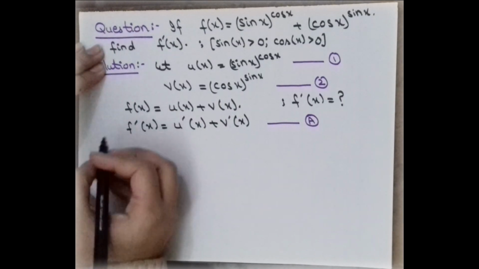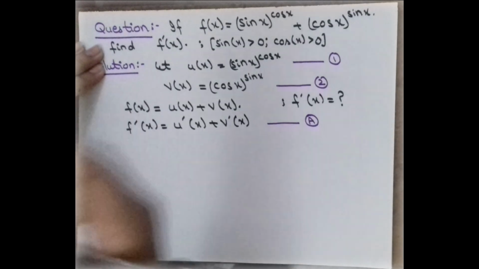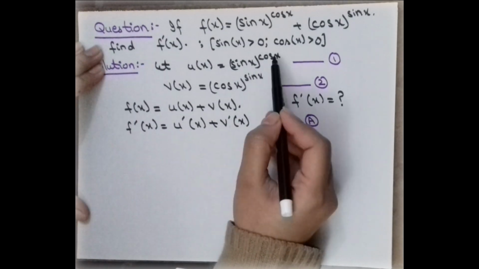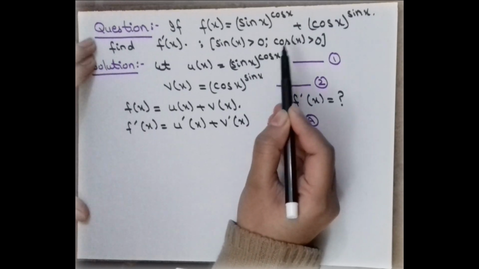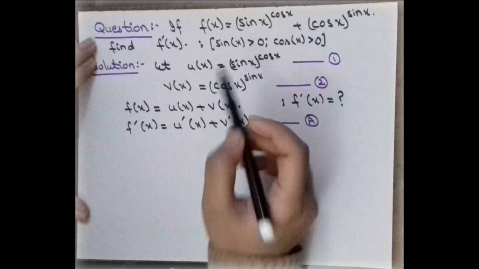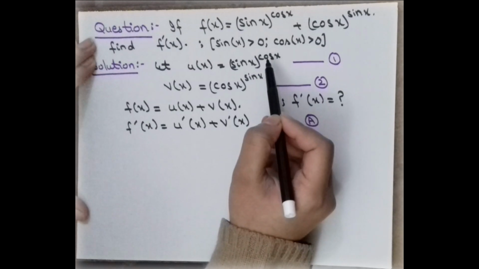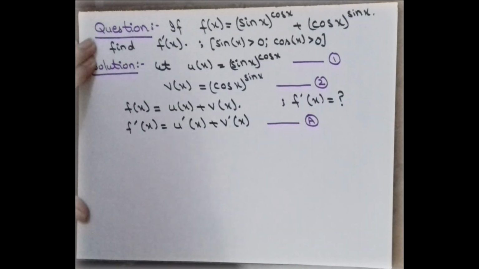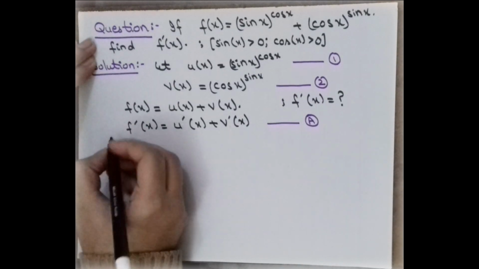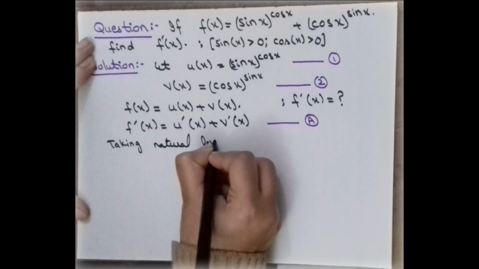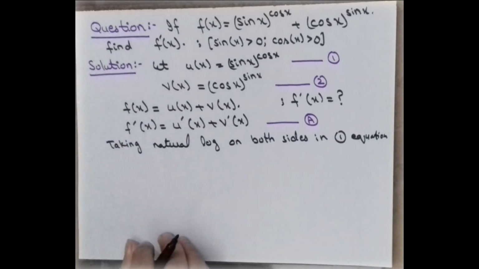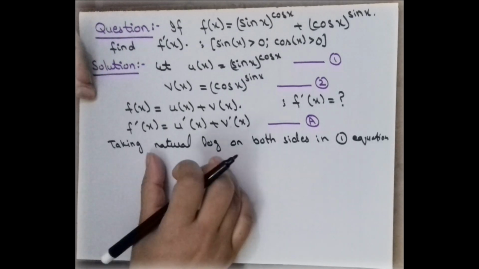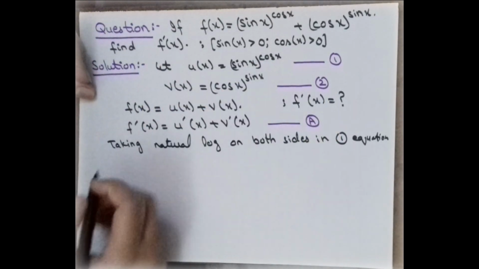Before we apply a derivative, because we have a trigonometric function to the power of a trigonometric function, in this type of situation we have to apply a natural log on both sides of the first equation.